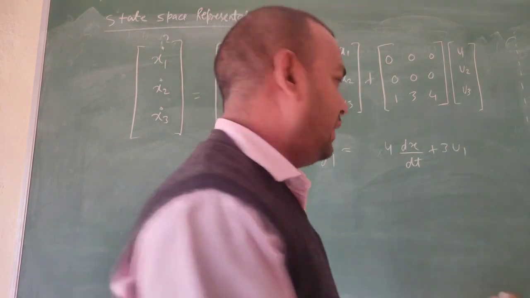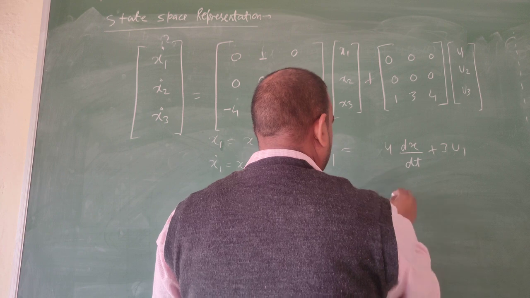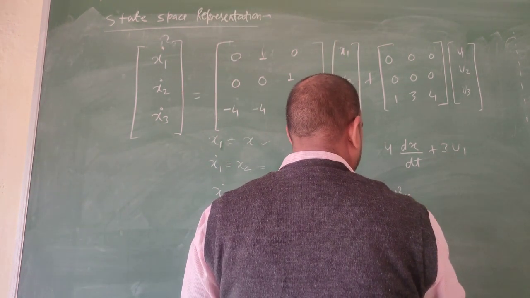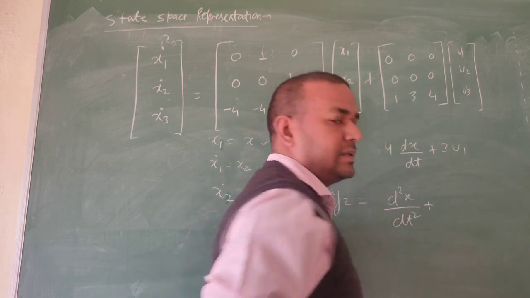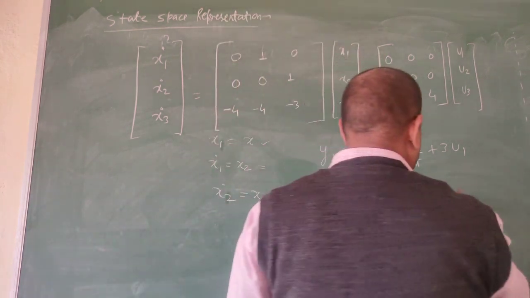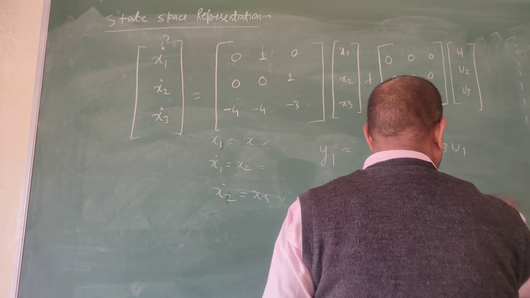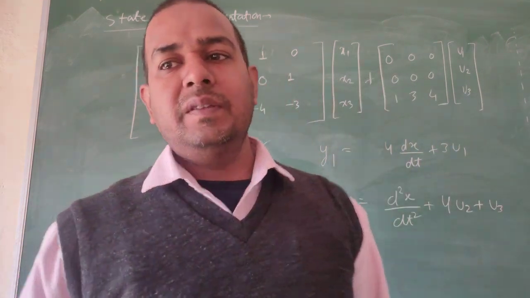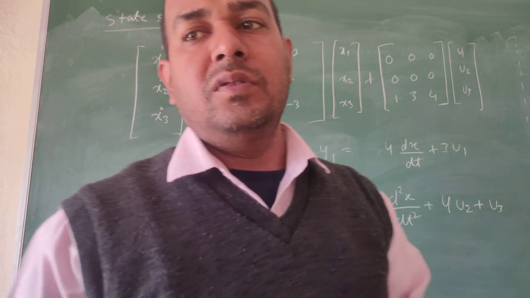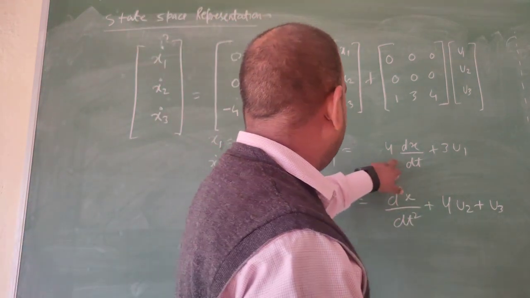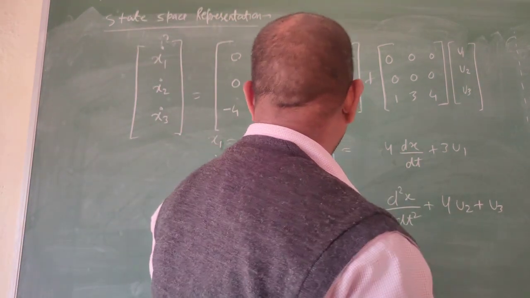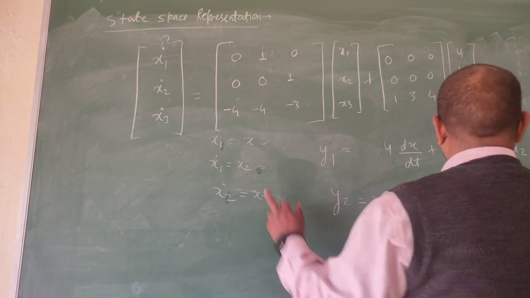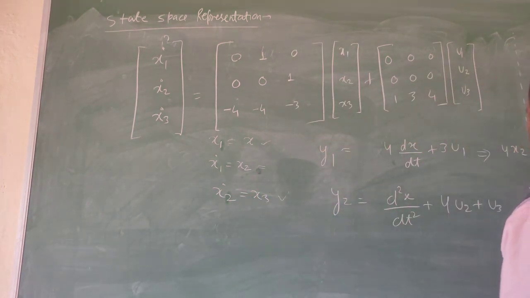And y2 was d square x by dt square plus 4 u2 plus u2. So again, we will replace these output variables in terms of state variables. If I am looking at y1, dx by dt was basically x2, so we can represent it as 4x2 plus 3u1.